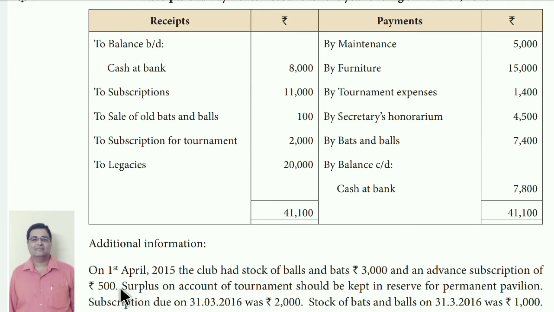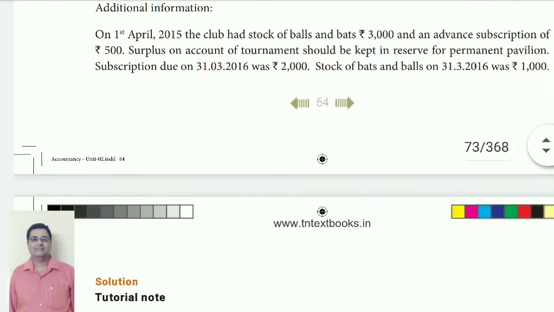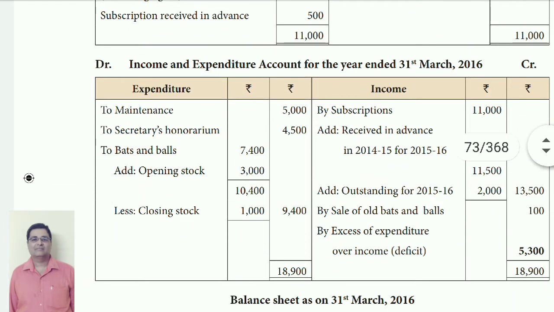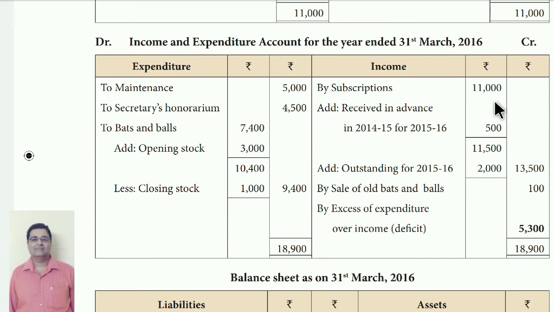So this 500 and this 2000 rupees subscription, where we have to add it? In the income side. See the answer. In the income, 11,000 rupees by subscription, add 500 rupees received in advance, 11,500, add outstanding 2000, that is subscription due rupees 2000.